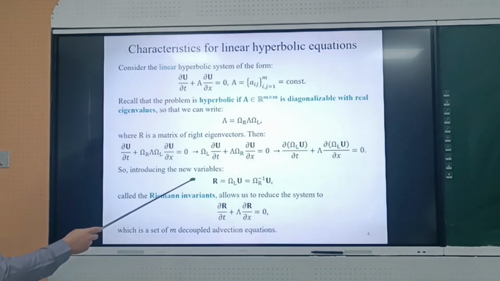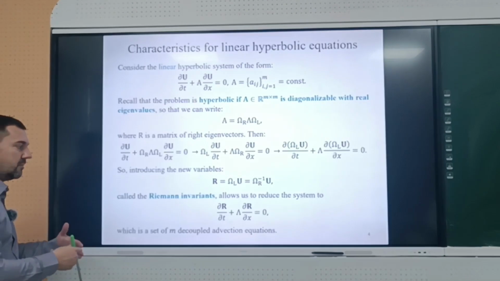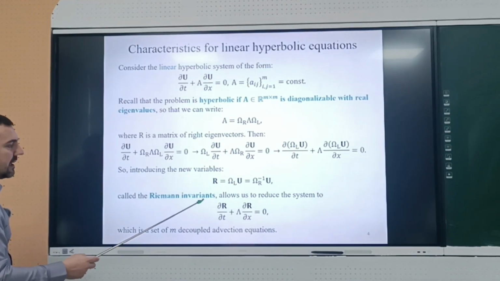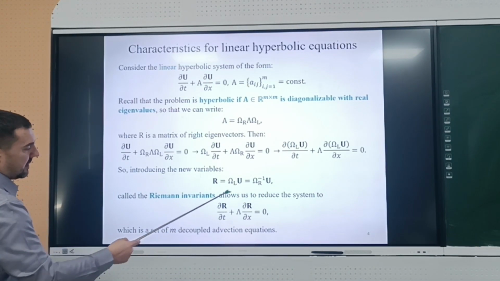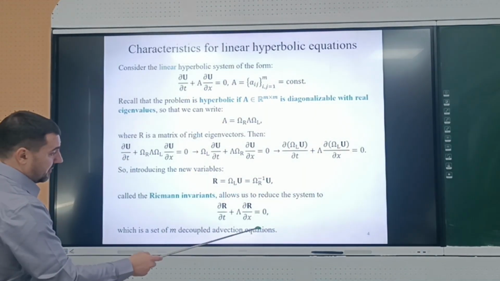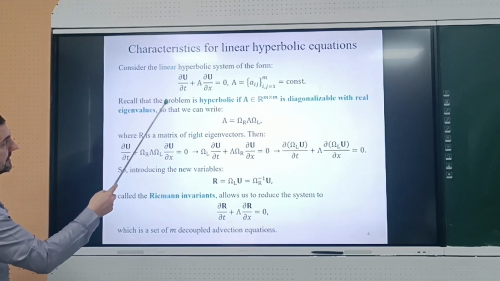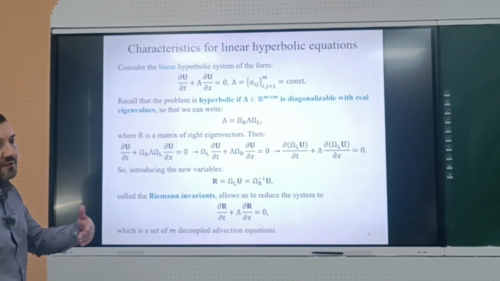This vector R is called the Riemann invariants, and these are very important variables because they allow us to reduce the system to a set of m decoupled advection equations. The problem is that the original system is coupled. I will show you a very simple example later.